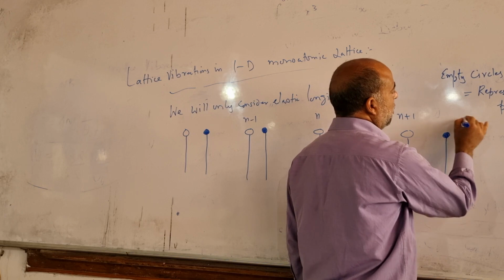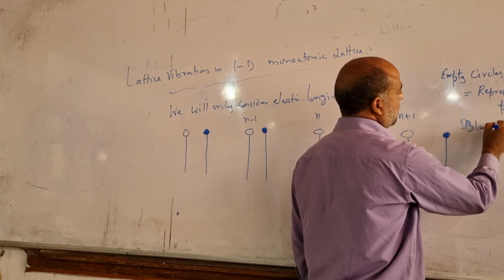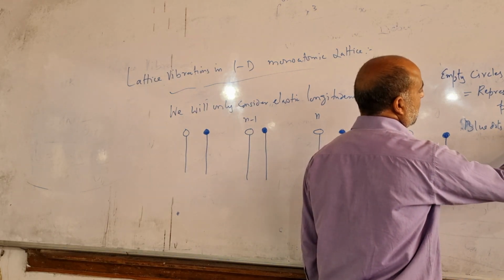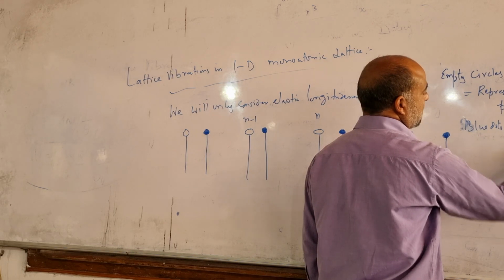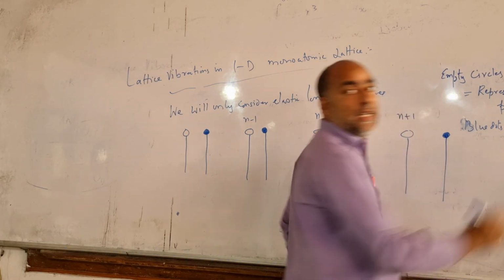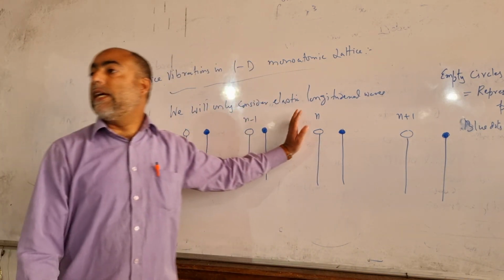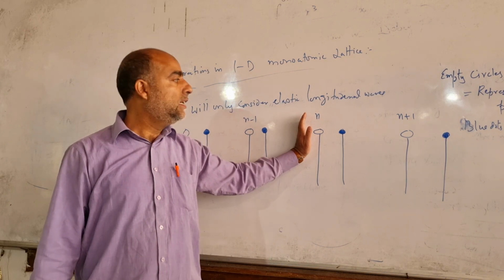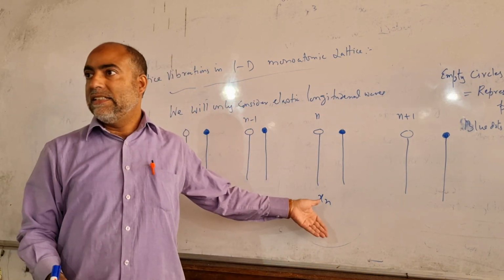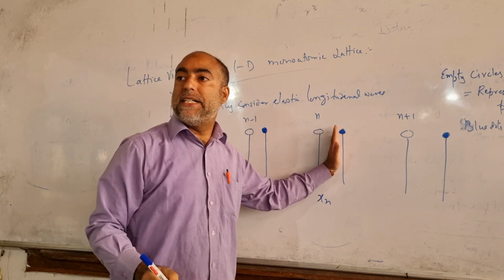And blue dots represent displaced atoms. See, this is the actual equilibrium position of an atom. Its displacement will be Xn. Okay? This is how much it can be displaced.